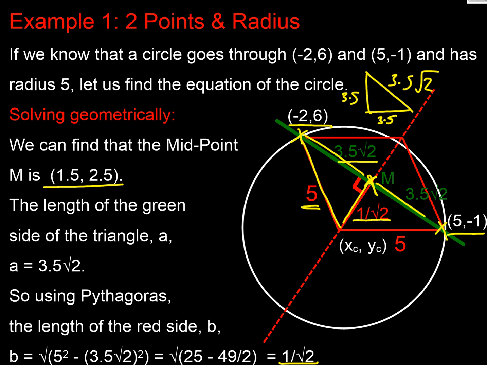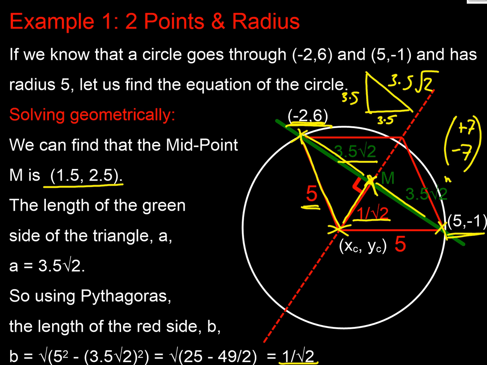What we would like to know is what direction these lengths are going in, so that we can find the center point, can't we? Okay, well, if we just look at the chord vector going from -2, 6 to 5, -1, we find that we're going in the x direction +7, in the y direction -7.